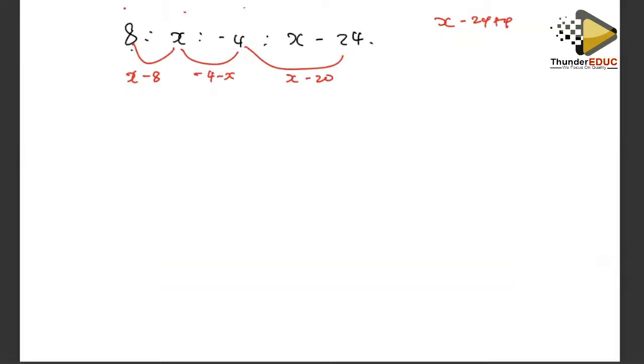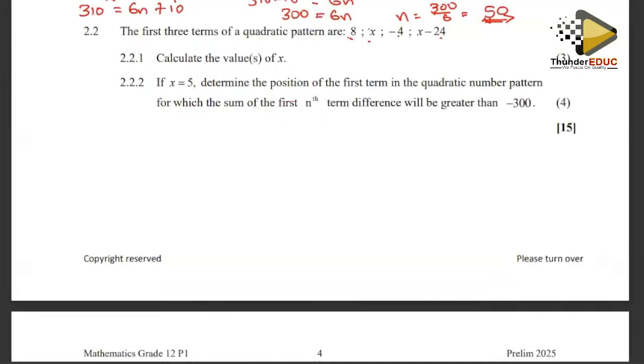Okay, then I need to get the second difference here. So it's going to be negative 4 minus x, you put brackets for that, and then here, x minus 20 minus, insert brackets there. Okay, so this is our second difference. We know that the second difference must always be the same, so I'm going to equate. The question is asking for x.